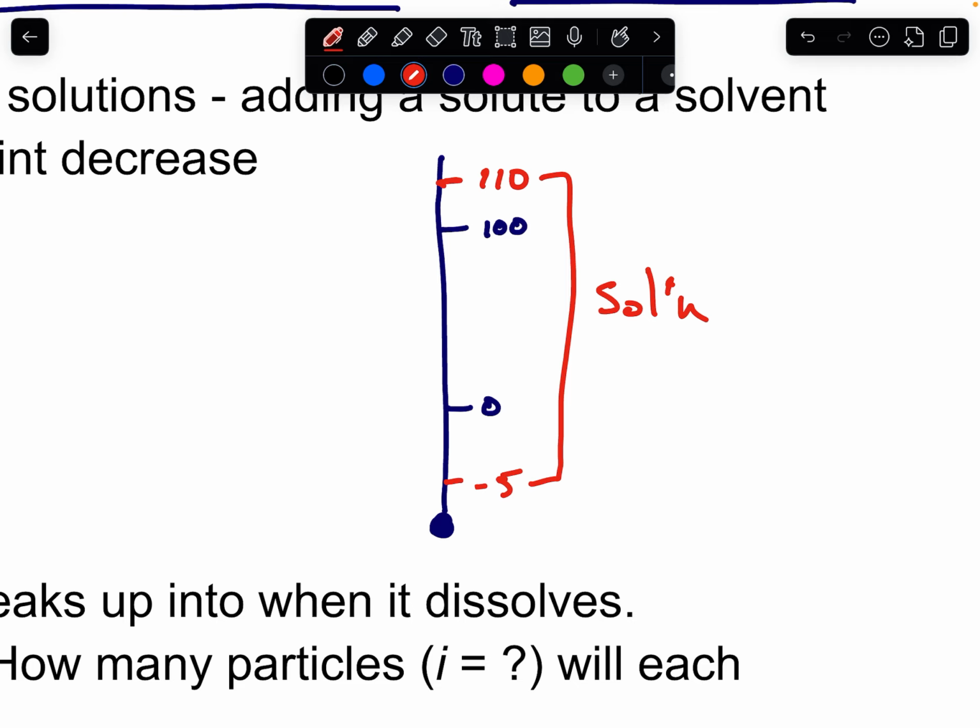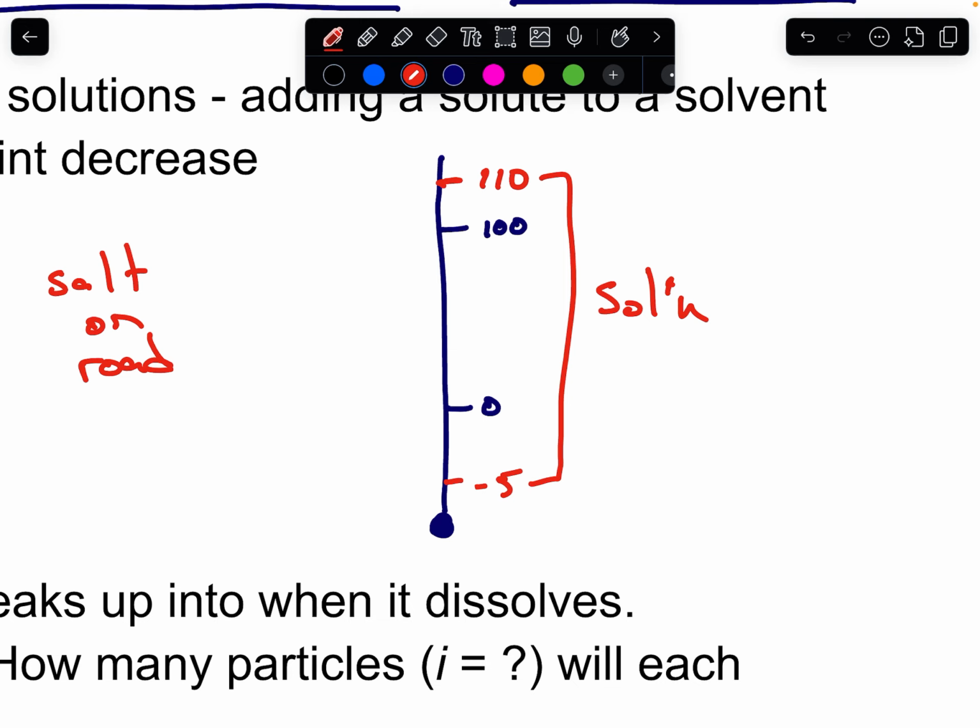Probably the best place that you've seen this in action is freezing point depression, putting salt on the roads. At this time of year, things start getting colder. If it gets really cold, you start getting ice to form on the roads and on the sidewalks.